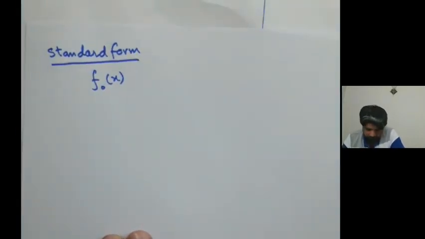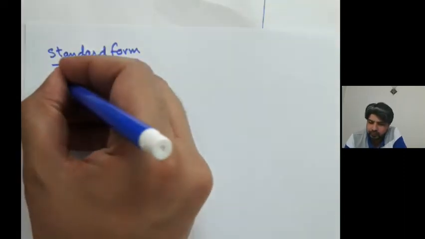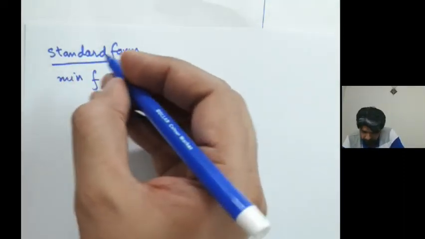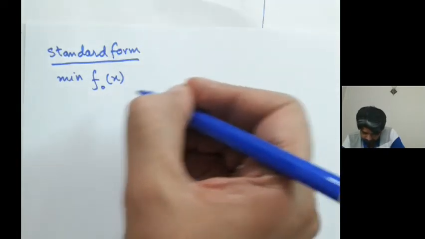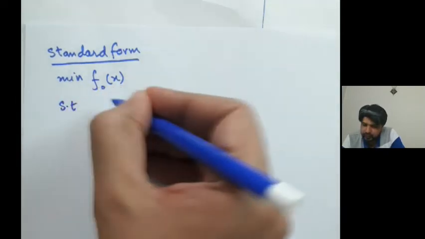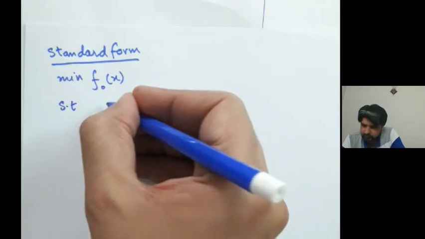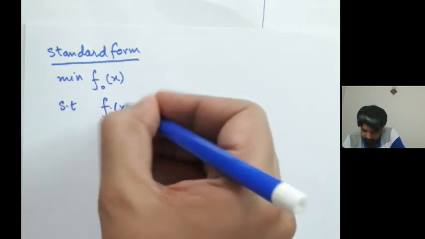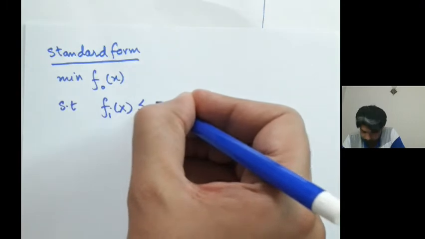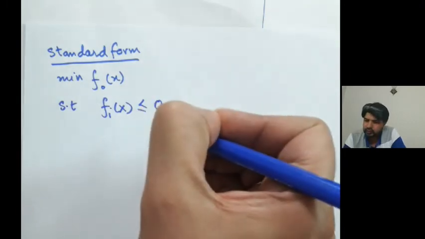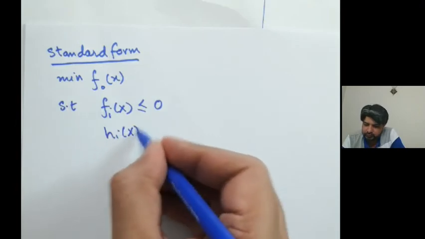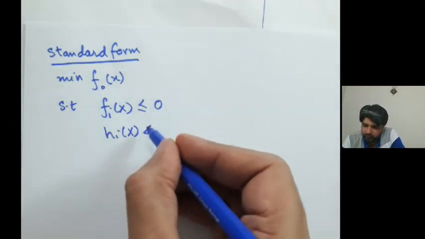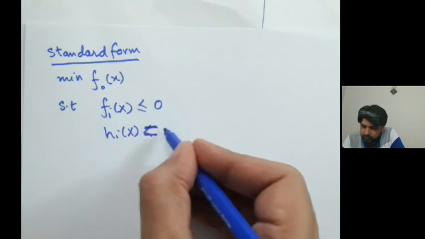So in other words, you would be minimizing this function f naught of x subject to some constraints, which can be inequality constraints, and then there can be some constraints which are, sorry, equality constraints. So this is equal to zero.